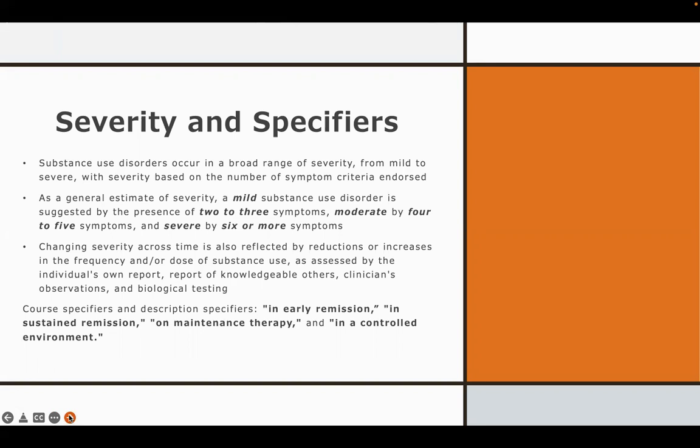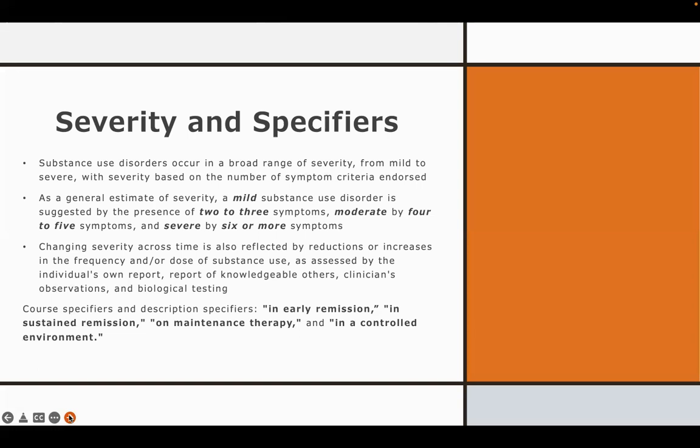Also, changing of severity is very common. Just know that it's a dynamic measure where use can become more severe or less severe. And then there are specifiers when you are diagnosing and coding substance use disorders: in early remission, in sustained remission, on maintenance therapy, or in a controlled environment.